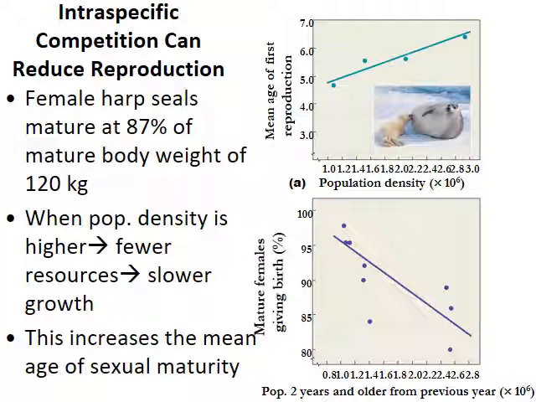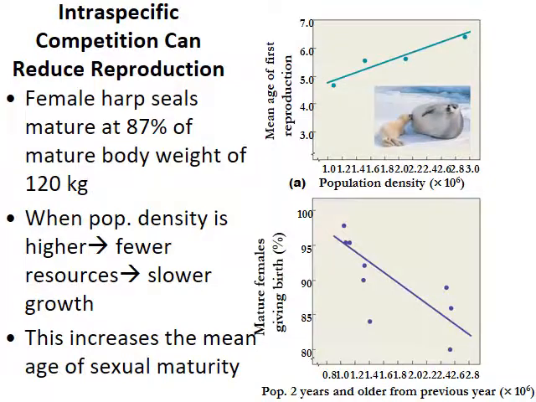So because there's a density-dependent effect on growth rate, that means it takes them longer to reach a size at which they can be sexually mature and able to reproduce. So when population density is higher, we've got fewer resources, slower growth, so it takes longer for them to reach this reproductive size and age, because as density increases, mean age of reproduction increases.